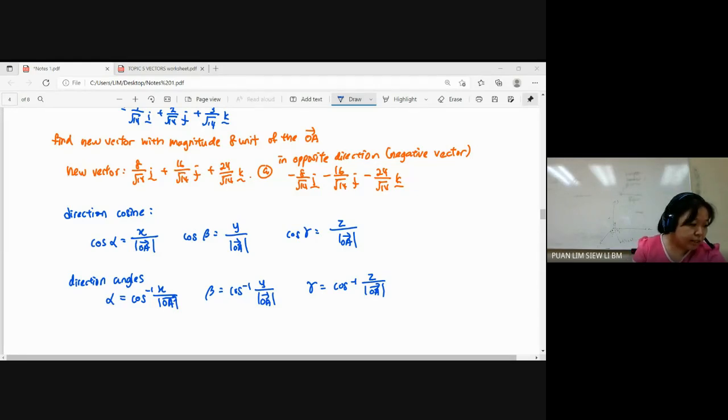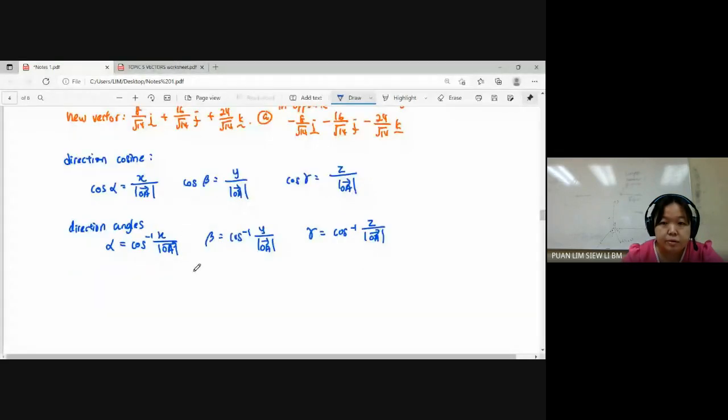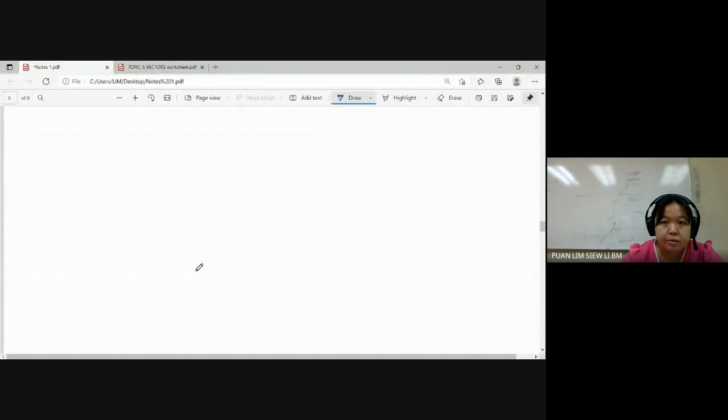Then we proceed to how to calculate it. Okay, dot product and vector product. So dot product, 5.2.